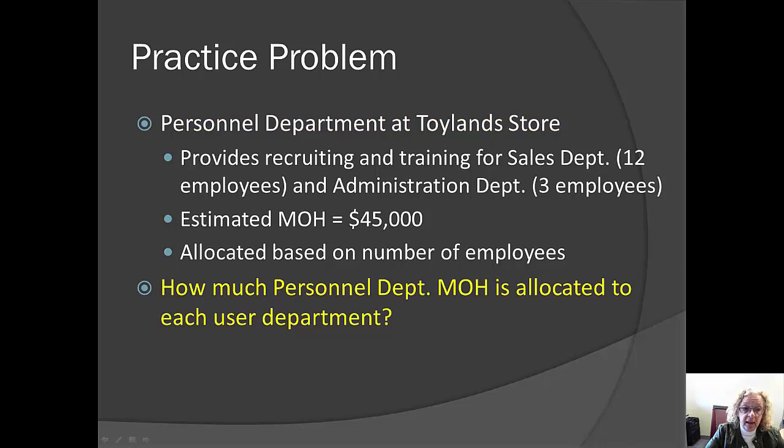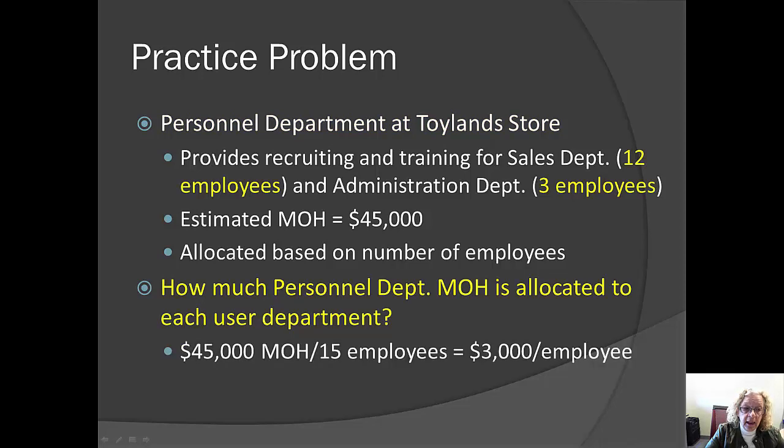Let's take a look at the solution. $45,000 of personnel department overhead divided by a total of 15 employees, 12 from the sales department and 3 from the administrative department, gives us an allocation rate of $3,000 per employee.